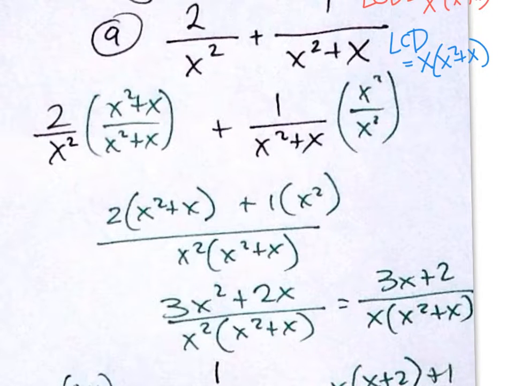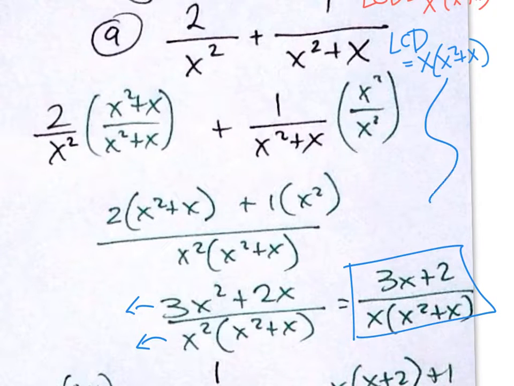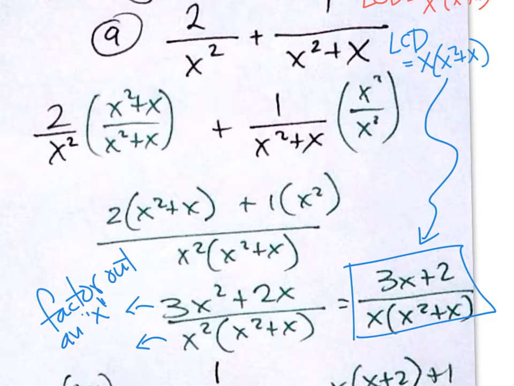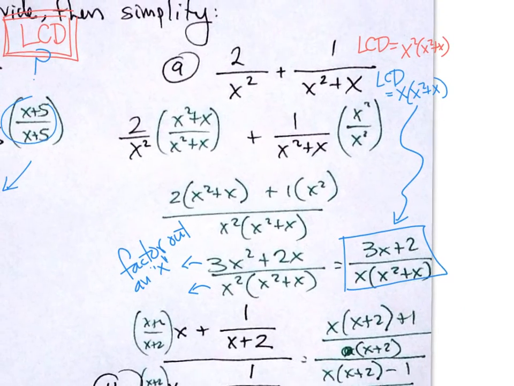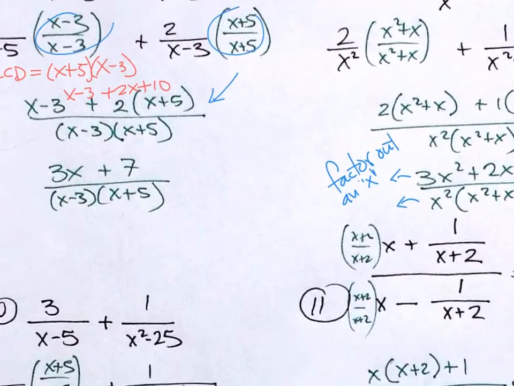And do you see, as this last step, what I actually ended up doing is factoring out an x from here and from here, giving this. So I think if you had used that as your common denominator, you would have avoided that factoring step. So this again was factoring out an x, because there was one common to the numerator and denominator. All right, that's the next one.